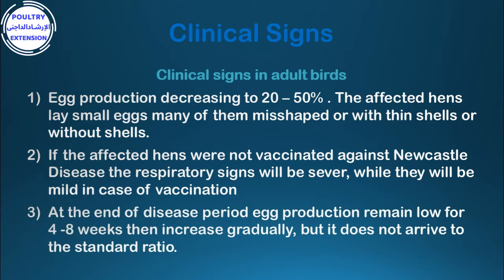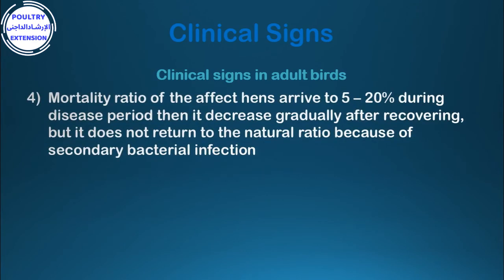At the end of the disease period, egg production remains low for 4 to 8 weeks, then increases gradually, but it doesn't reach the standard ratio. 4. Mortality ratio of the affected hens reaches 5 to 20% during the disease period, then it decreases gradually after recovery, but it doesn't return to the natural ratio because of secondary bacterial infection.